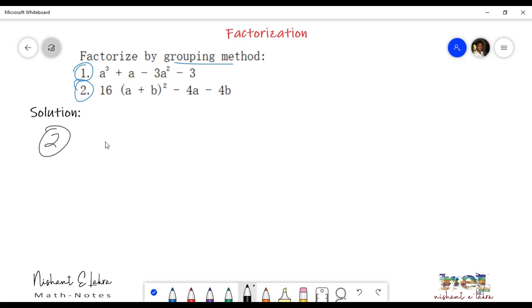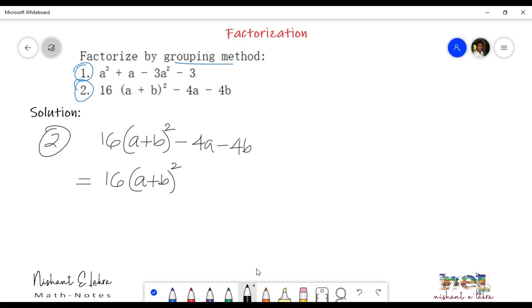We'll write down the given expression, that is 16 into (a plus b) whole square minus 4a minus 4b. Okay, look into this problem very carefully as I explain how to solve this. 16 into (a plus b) whole square minus 4a minus 4b.